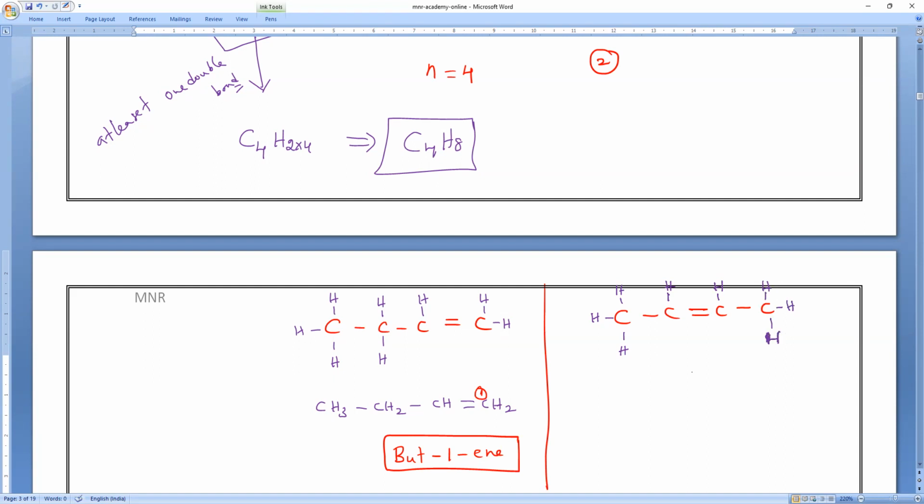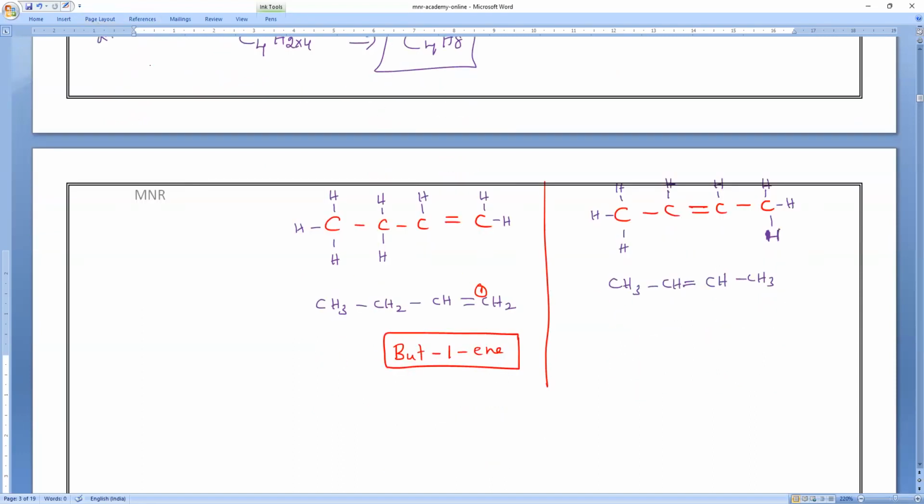Do you understand, everybody? So CH3 single bond CH double bond CH single bond CH3. Now the double bond is at the second and third carbon, so it is but-2-ene.